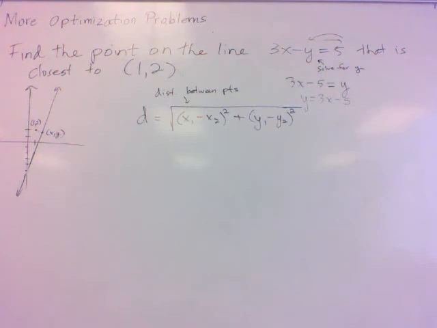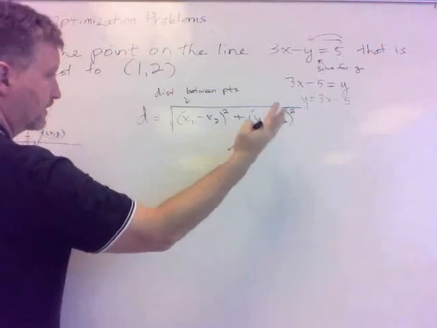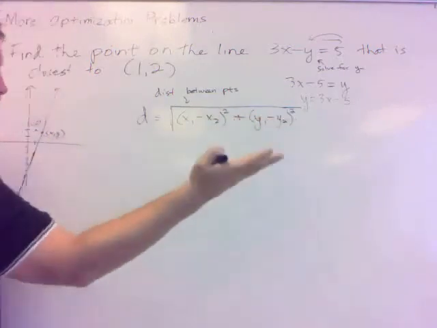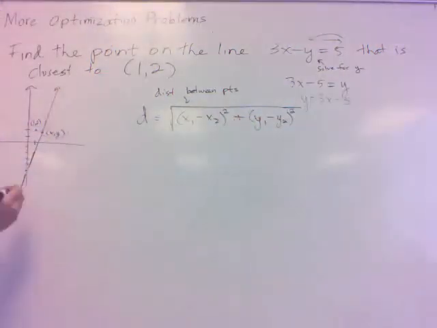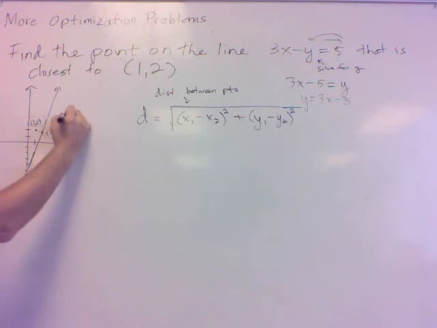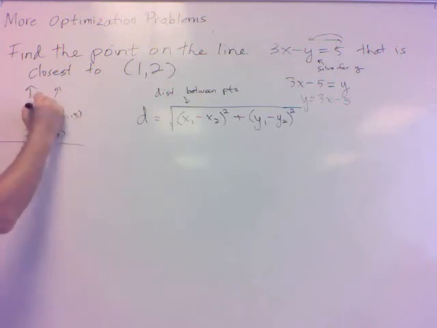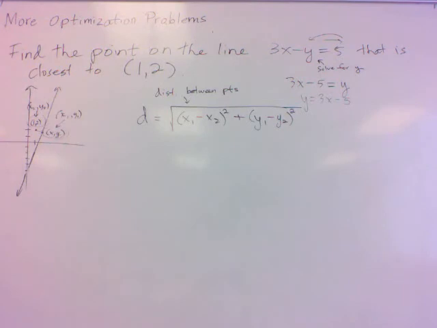I want to minimize that distance. Now, here's the story. Of course, this is my x1, y1 and x2, y2. That's just the two points. x1, y1, call that the first point. x2, y2, call that the second point. I'll call this one my x1, y1, and this my x2, y2, and just plug those in.